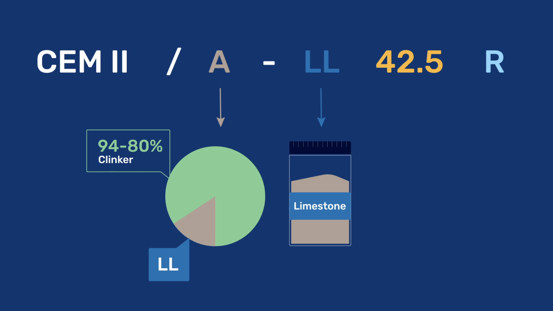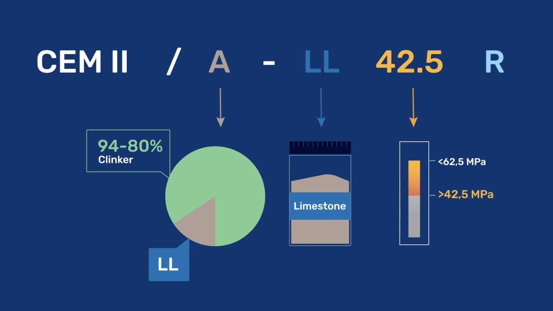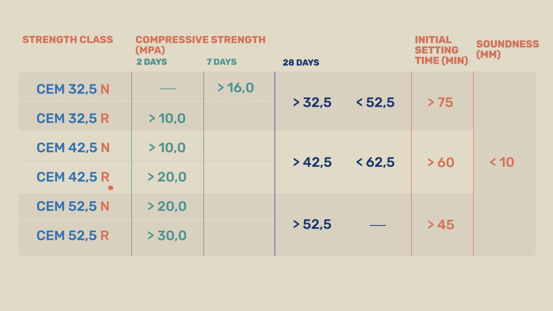Used to prepare a reference mortar, it would deliver a compressive strength between 42.5 and 62.5 megapascal at 28 days. It is also considered to have a rapid strength gain identified by the letter R, which for a CEM 42.5 means reaching at least 20 megapascal at 2 days.